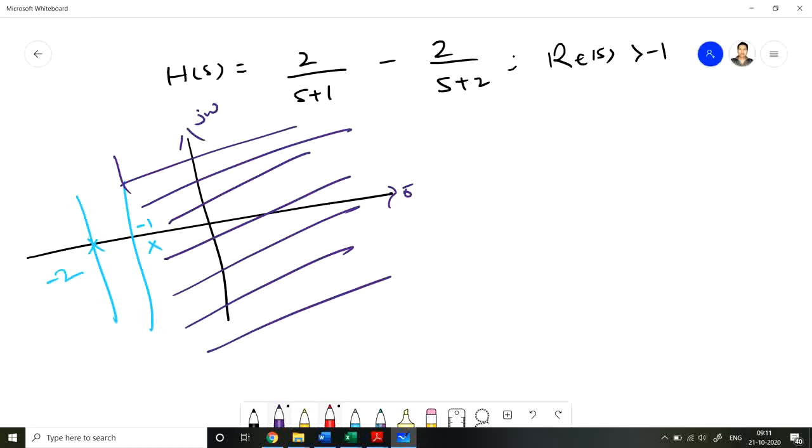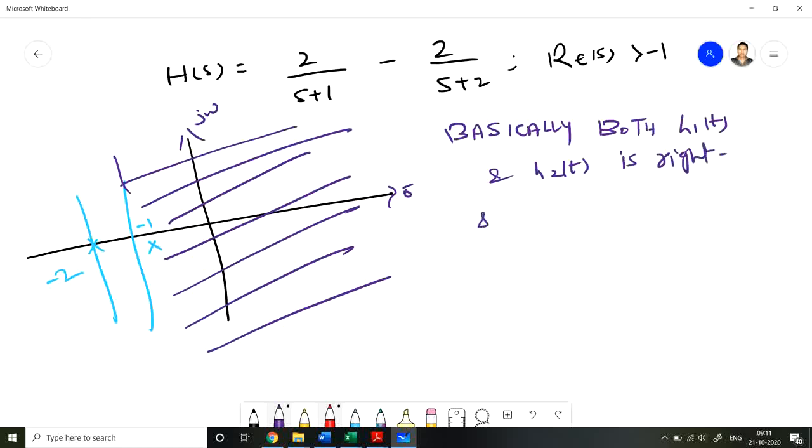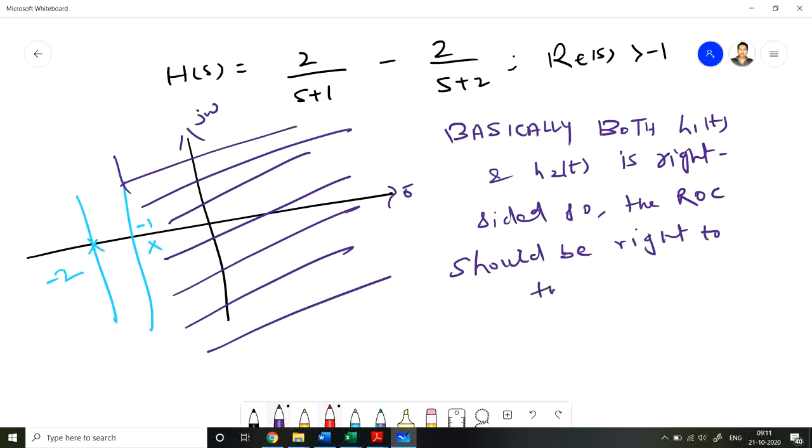So the ROC should be to the right of the rightmost pole.